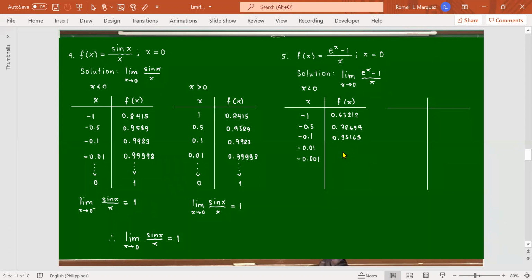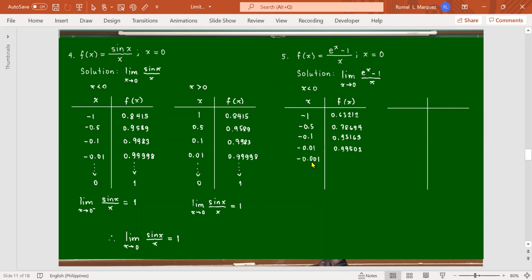Okay, guys? What about when x is negative 0.01? 0.99502. Okay, guys?